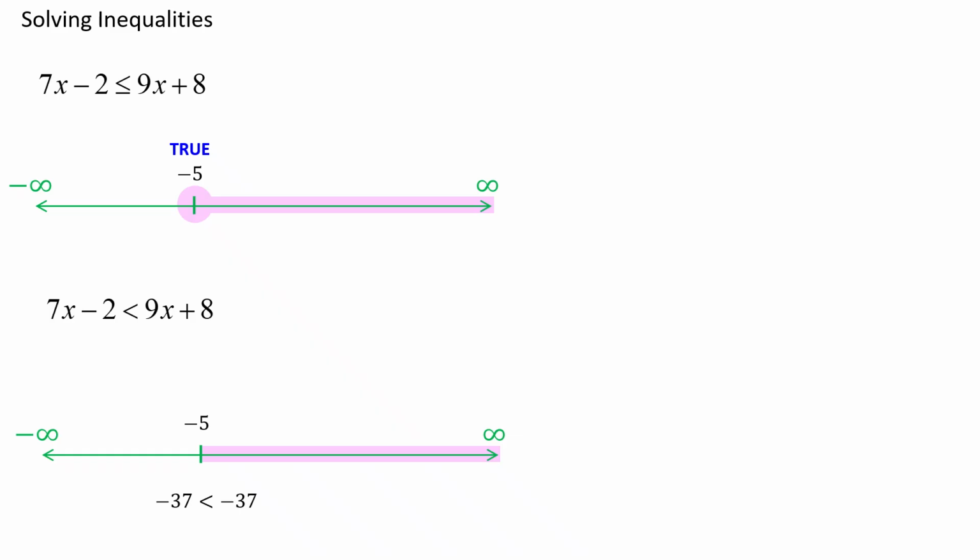But a number can't be less than itself, so that's false. And if that's false, that tells us that negative 5 is not a solution. Graphically, we represent that with an open circle at negative 5. And finally, we could express our answers using interval notation. Here, a bracket around the negative 5 to indicate that negative 5 is a solution, and here a parenthesis at the negative 5 to indicate that it is not.